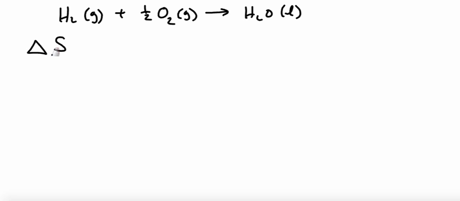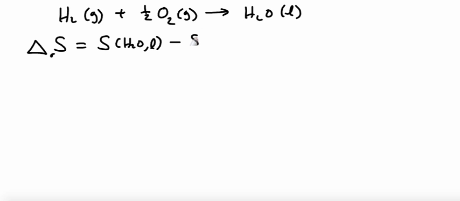So if we want to calculate delta S for a reaction, we just take the entropy of the products minus the entropy of the reactants, and of course we take into account the stoichiometric coefficient. So it's just like calculating delta H. So we need the entropy of water, and physical states matter, so let's keep track of that.